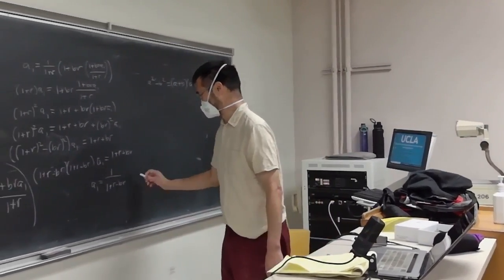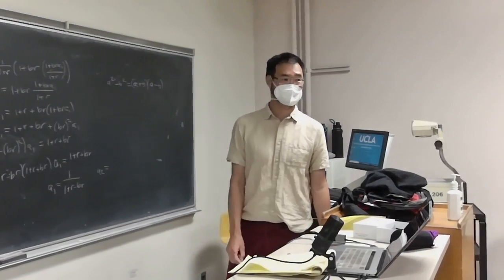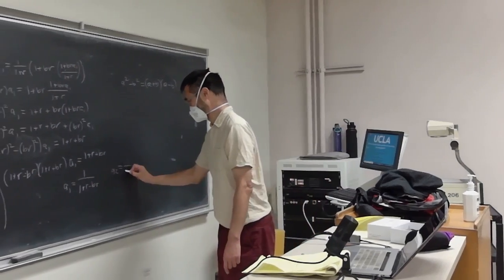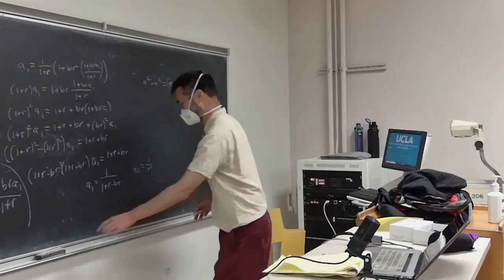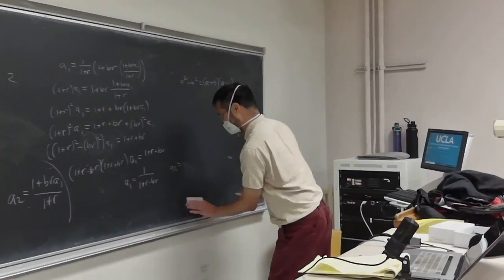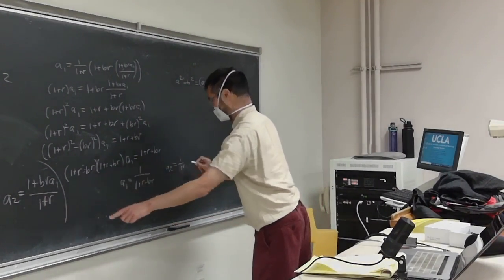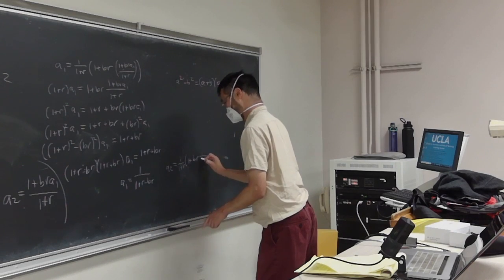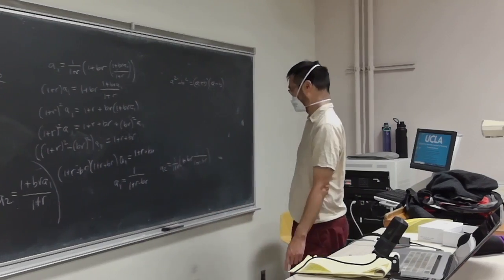And what's A2 going to be? We just substitute it, right? So it's actually going to be equal, because it's fully symmetric, but we can put it like 1 over 1 plus R times 1 plus BR A1.